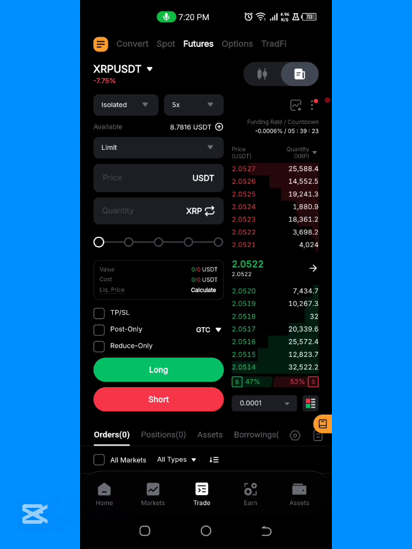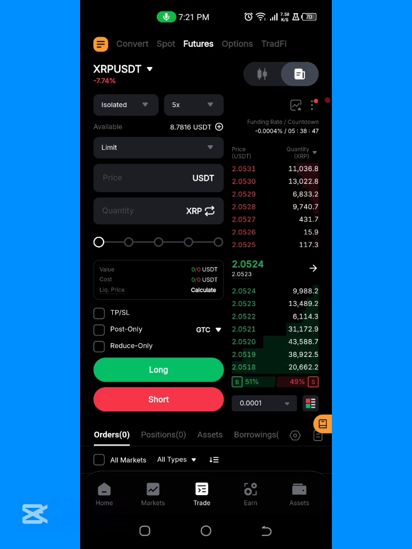Particularly if the trade is going against you, the system will use other wallets that have money to continue the trade. So it has advantages and disadvantages. If a token is going against you, it may increase your liquidation price, so you may not quickly get liquidated. But for a newbie, it is advisable to make use of isolated mode.